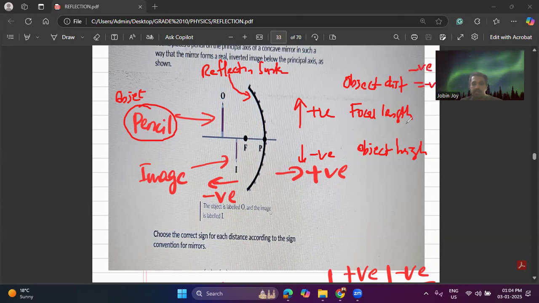Focal length is near the reflecting surface, again negative. Object height, HO, is above the principal axis, so positive. So object distance is negative, focal length is negative, and object height is positive.